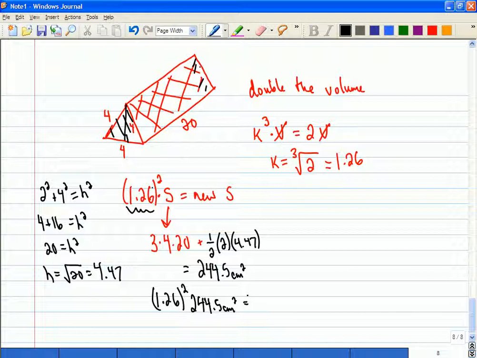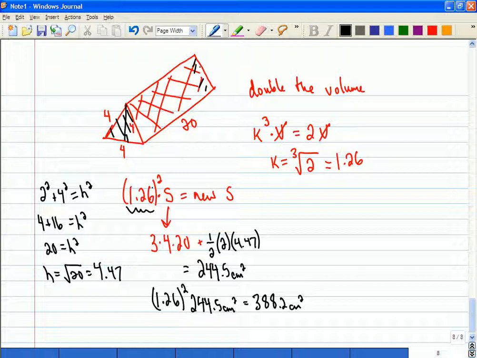And that gives me 388.2 centimeters squared. So that's definitely a bit of a challenge to use the shortcut there, but that's one way that we could answer this question.